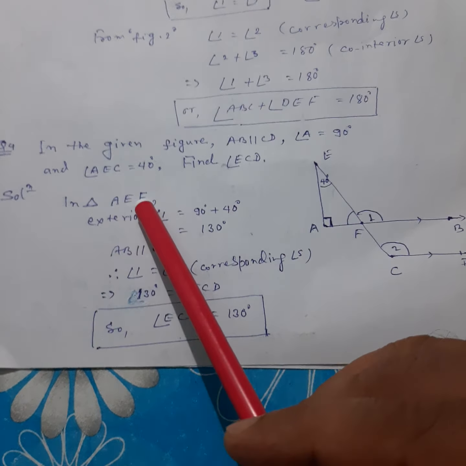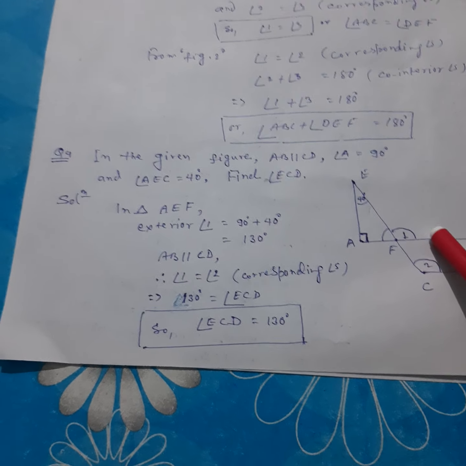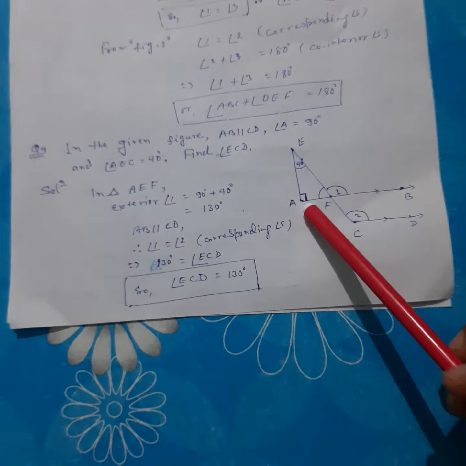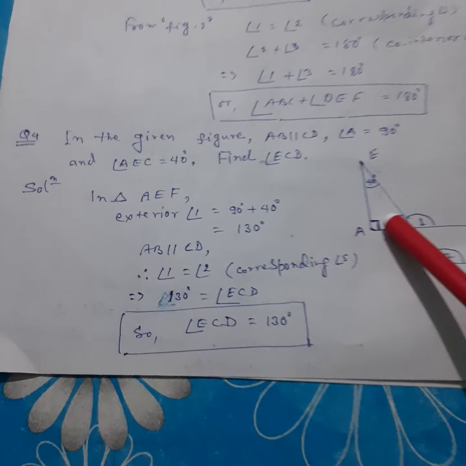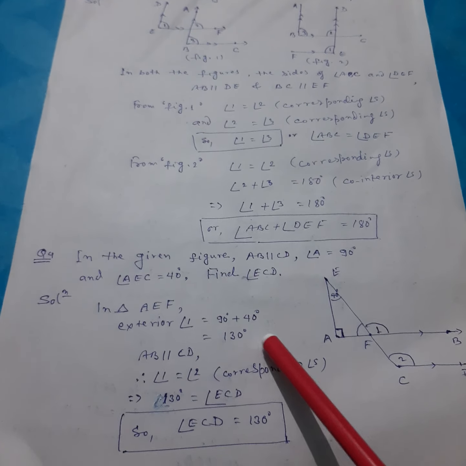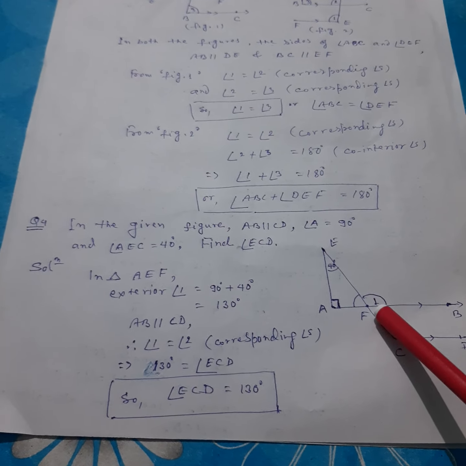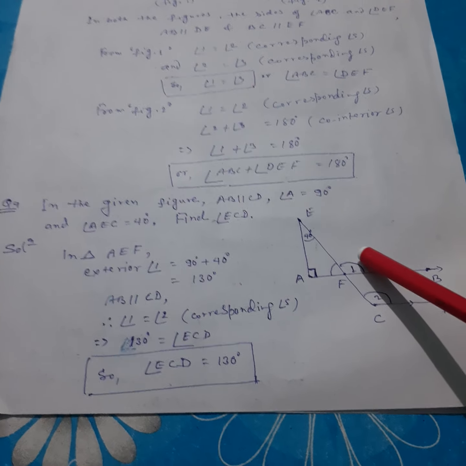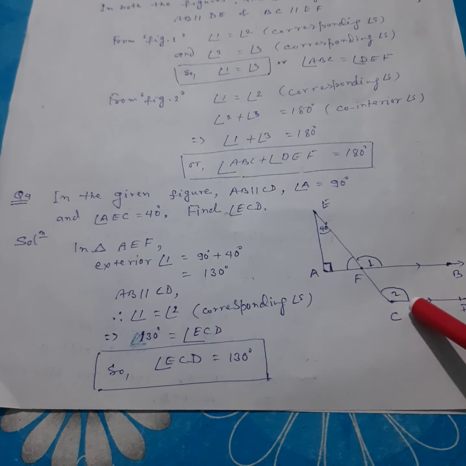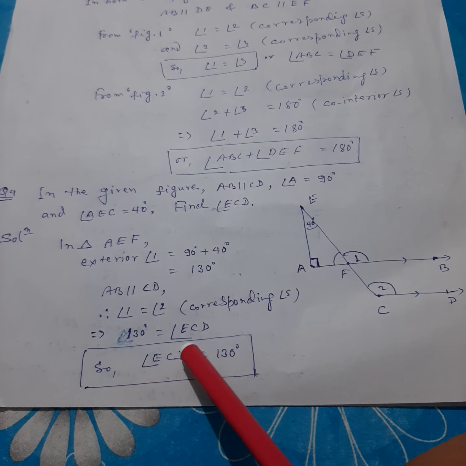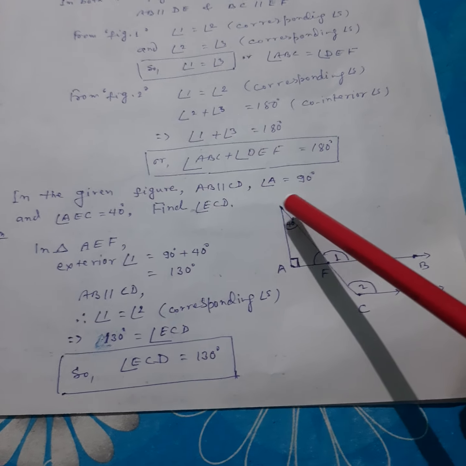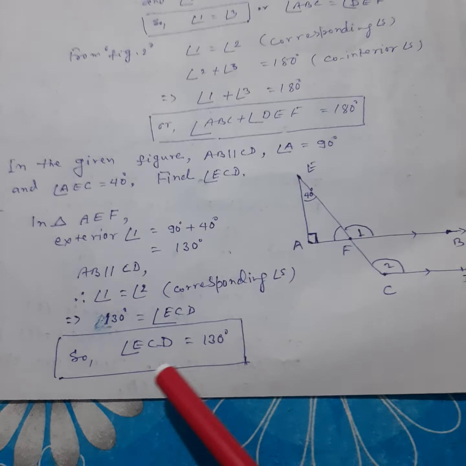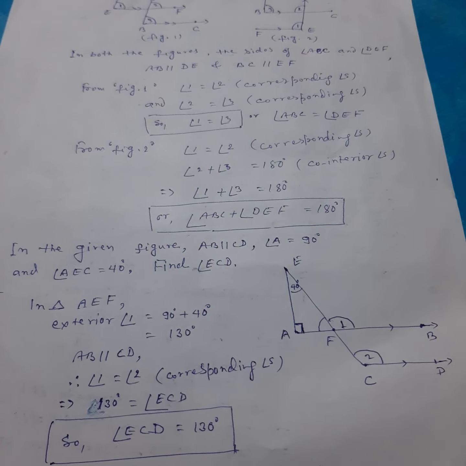Solution: in triangle AEF, the exterior angle equals the sum of the opposite interior angles, that is 90 plus 40, 130 degrees. So angle 1 equals 130 degrees. As we observe, AB is parallel to CD, so angle 1 equals angle 2; both are corresponding angles. So angle ECD, that is angle 2, equals angle 1, which equals 130 degrees.